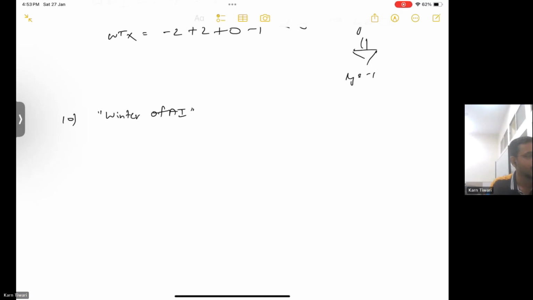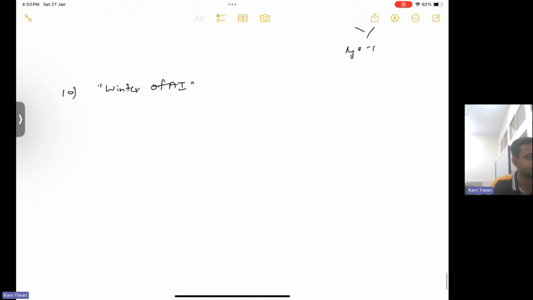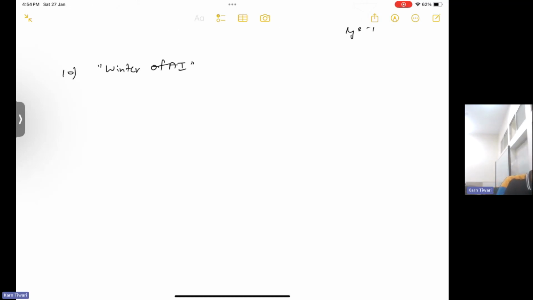The season when AI algorithms perform at peak efficiency? AI performs in all seasons, so that's also not correct. A period characterized by rapid advancement and breakthroughs in AI technologies? That is not winter of AI, that is a boom of AI. So the correct answer for the 10th is option B.